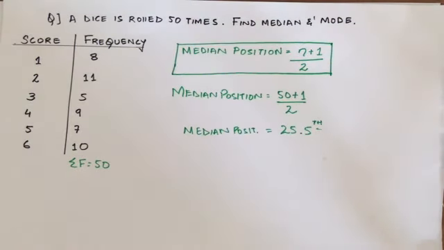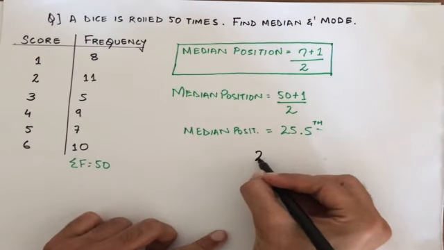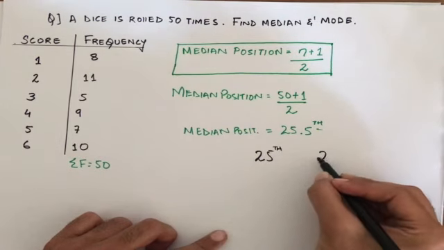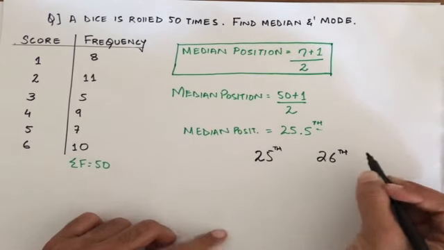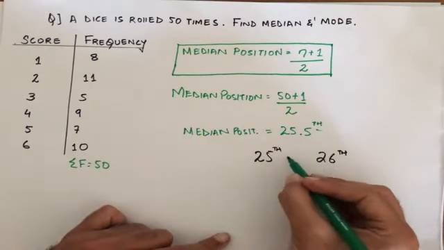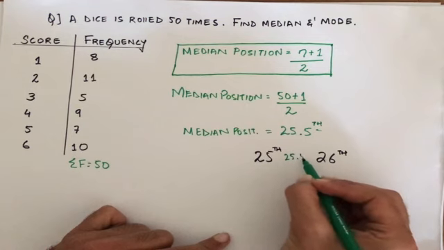So in case of even frequencies, you would always get a position that is in decimal form. Now a position in decimal form would mean that the 25.5th position would lie between the 25th position and the 26th position.